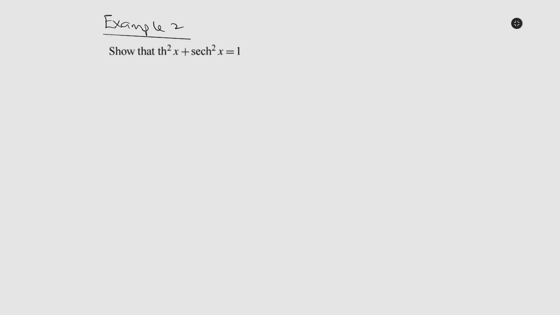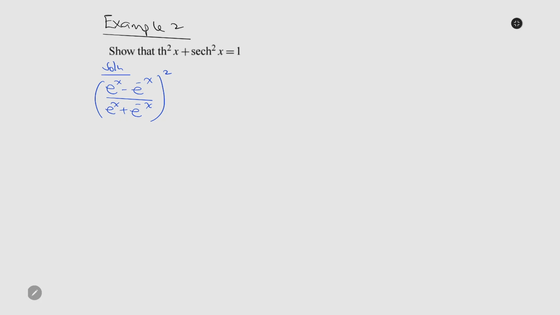So tan, we know now, is given by exponential x minus exponential negative x over exponential x plus exponential negative x, squared, because it was tan squared.